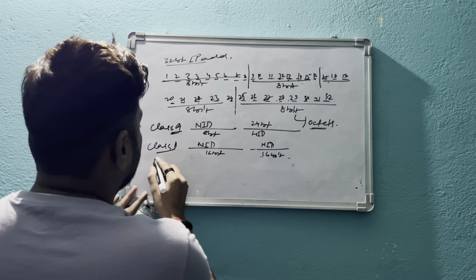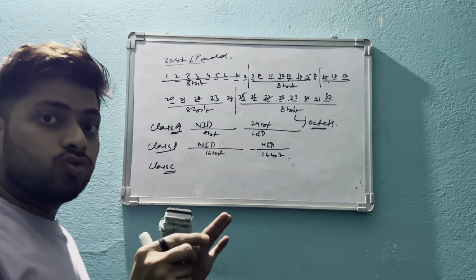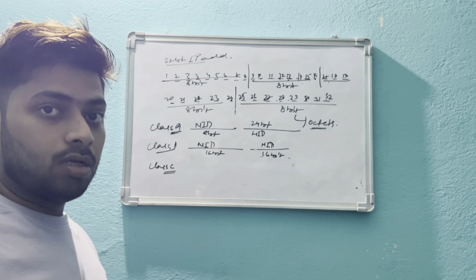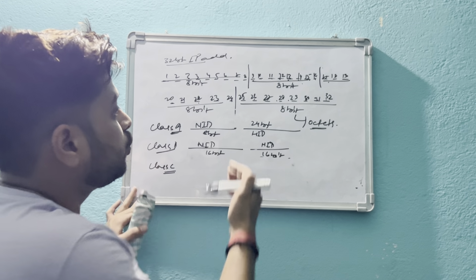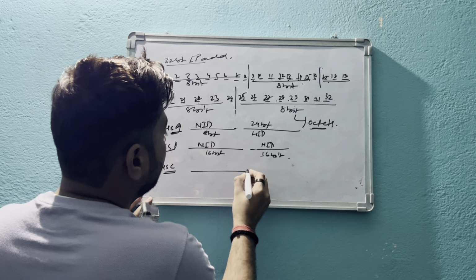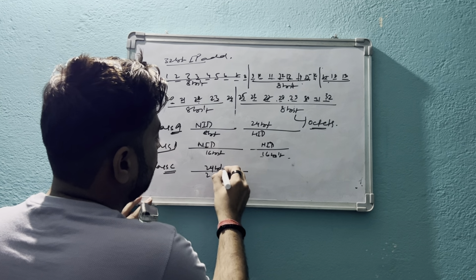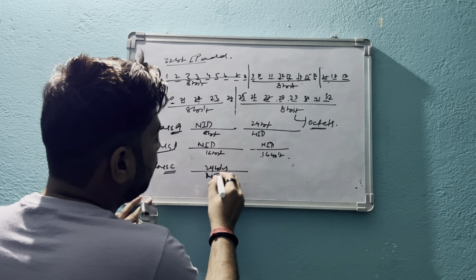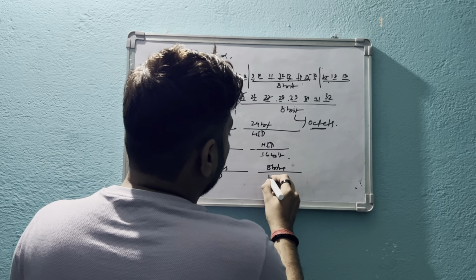Same goes for class C. In class C, to reduce the number of hosts in a network, we assign 3 octets to the network ID. 3 octets is 24 bits to the network ID and 8 bits to the host ID.